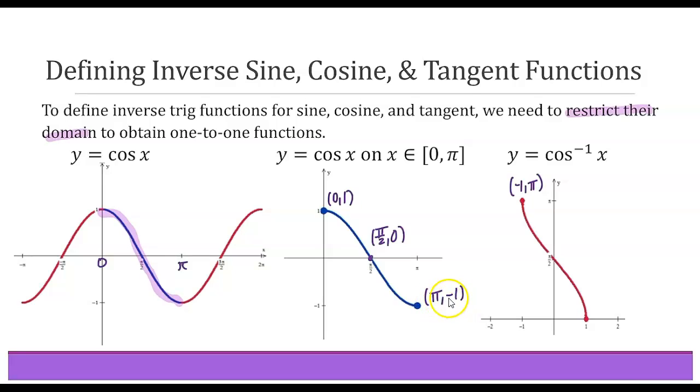We can see how from cosine x, I had an x, y, and now it's y, x on its inverse. Here I have the coordinate point 0, pi over 2, and then I have the point 1, 0. We can see those values of x and y switching places. So here I have the graph of cosine inverse of x.